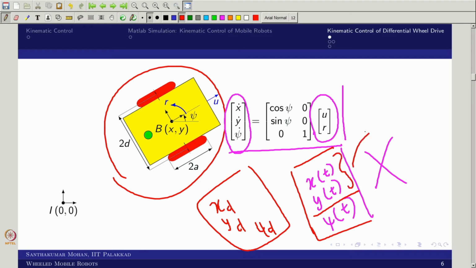Usually we go for position tracking, so a differential wheel will go for position tracking, okay. Position tracking is achievable, whereas all 3 states are not achievable, but this is achievable with 2 states, where first you reach the position and then you orient. That is what we are trying to see in this kinematic control loop.